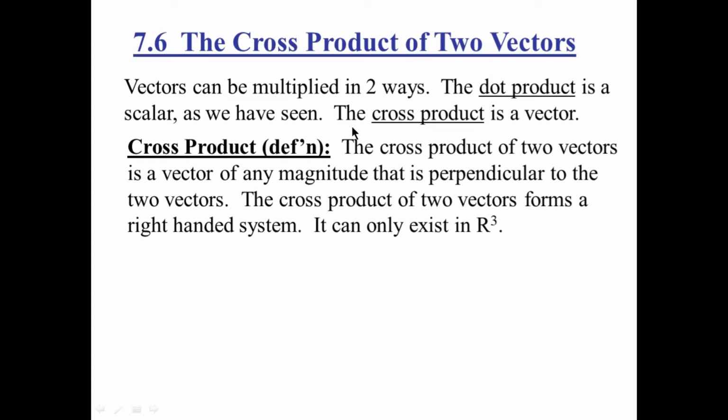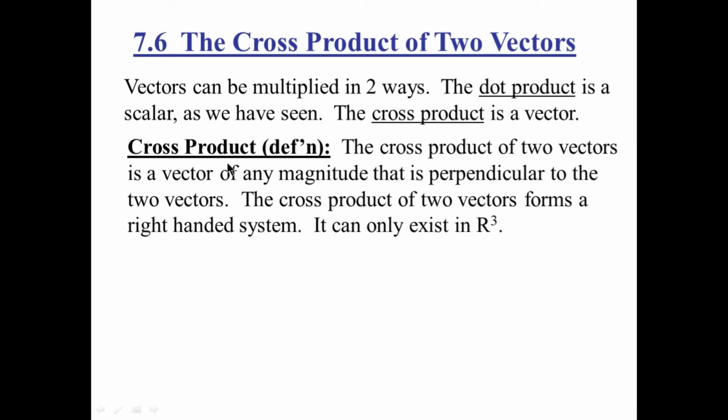Because what's happening is, given any two vectors, they define a plane, and the cross product is perpendicular to them both. So the cross product is a vector that sticks straight out of the plane, very much like a flagpole sticks straight up out of the ground.